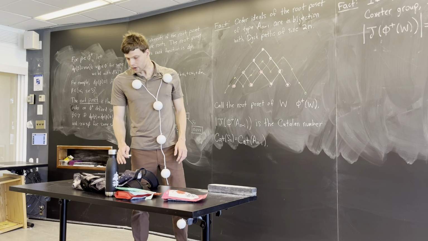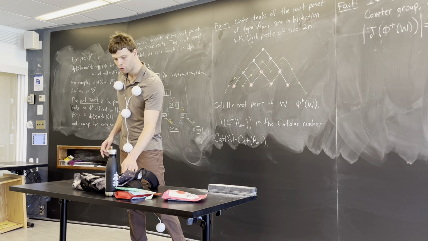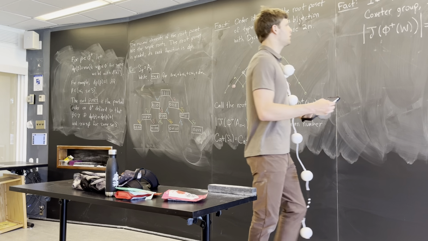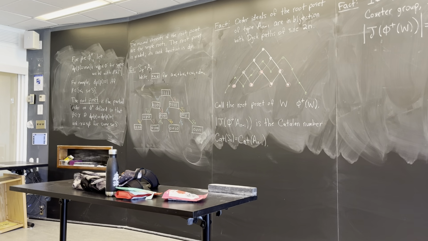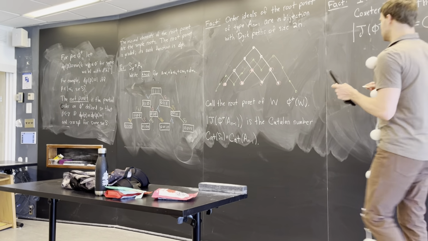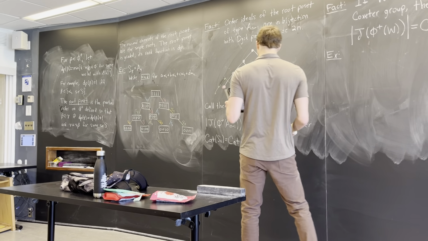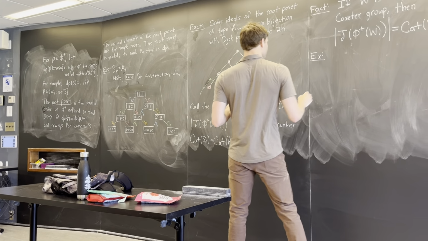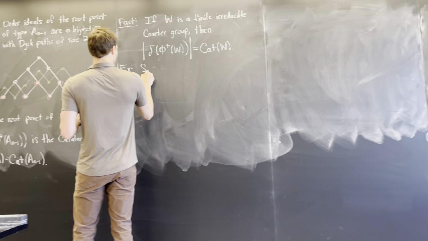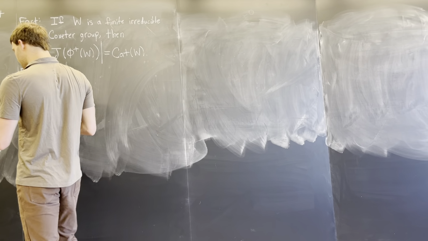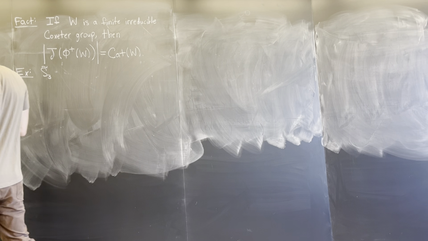Maybe I should draw one other example of the root poset. Let's do it in affine type A2, written A2 tilde.